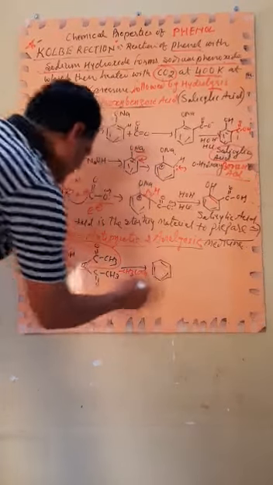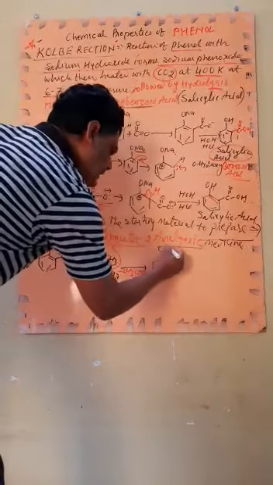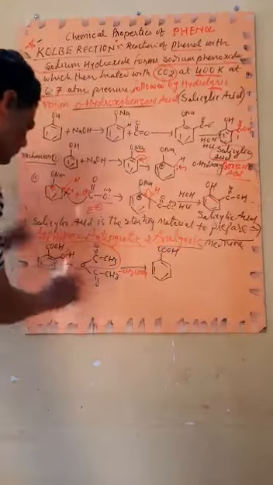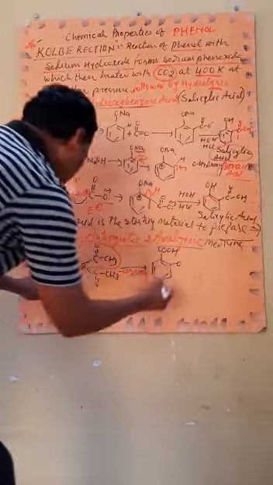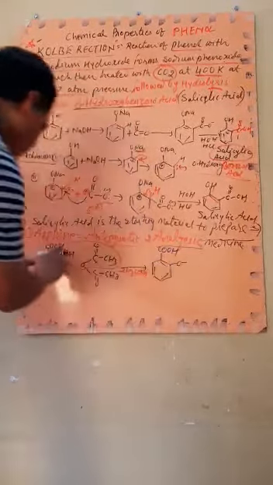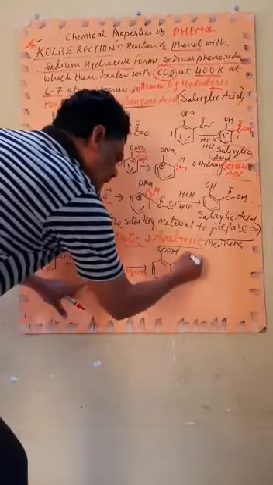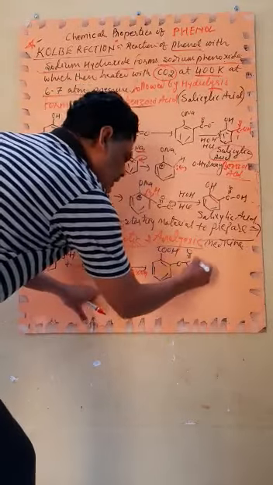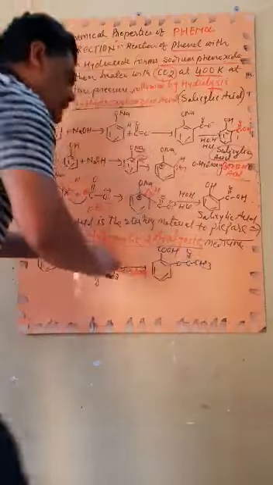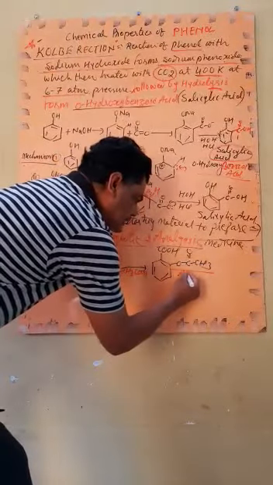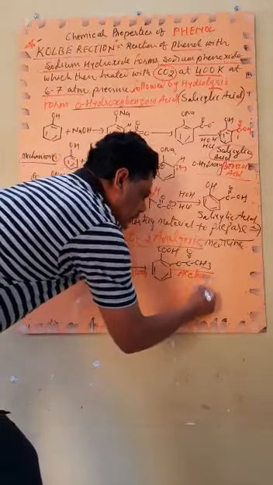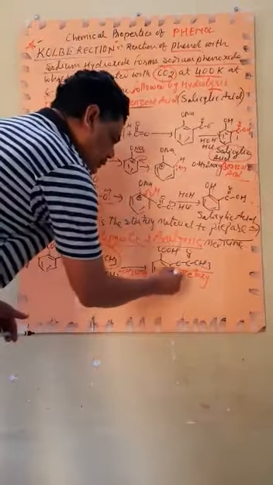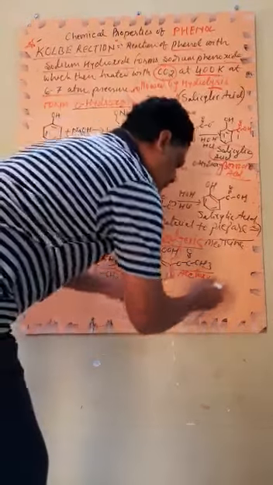You have to learn its IUPAC name. This is COOH. Now remember here there is O, and after O this is C double bond O, and this is CH3. So this portion is known as acetoxy, and this portion from here to here is known as benzoic acid.